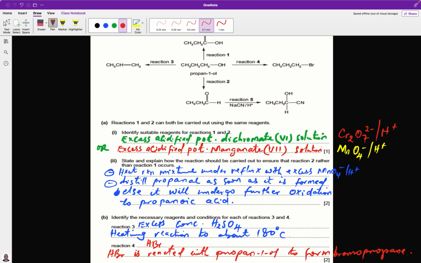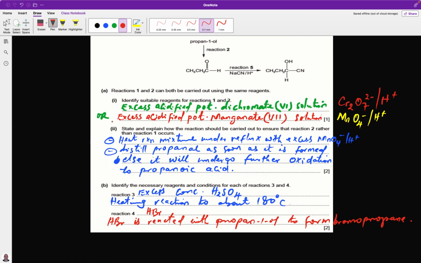Once more, the suitable oxidizing agent is excess acidified potassium dichromate 6 or excess acidified potassium manganate 7 solution. You must heat the reaction mixture under reflux with excess of this oxidizing agent. To obtain the aldehyde, you have to distill it as soon as it is formed, without which it will undergo further oxidation to propanoic acid.